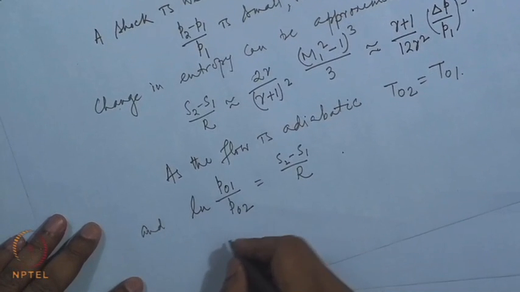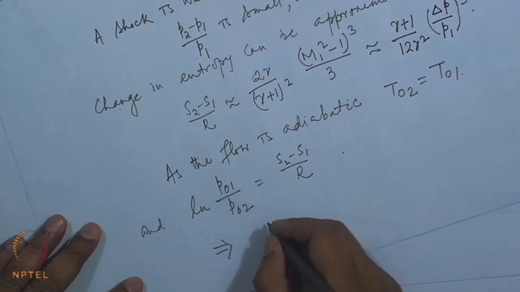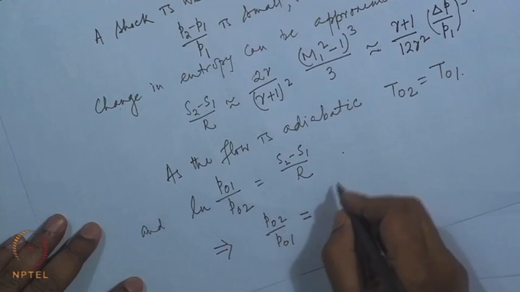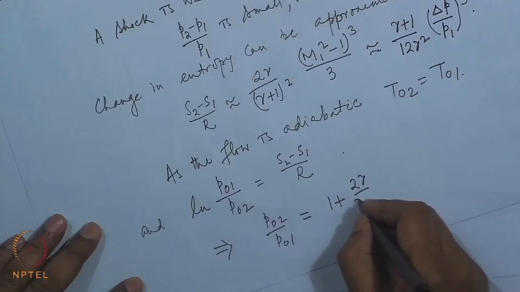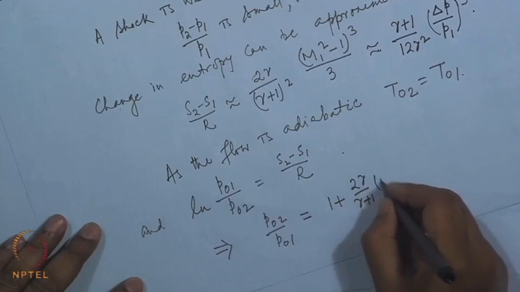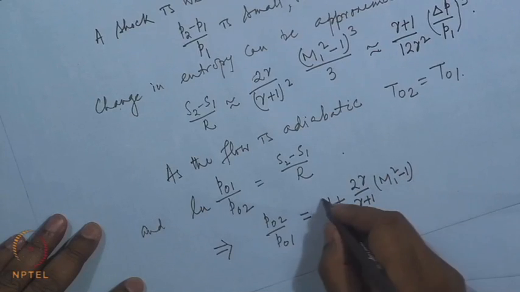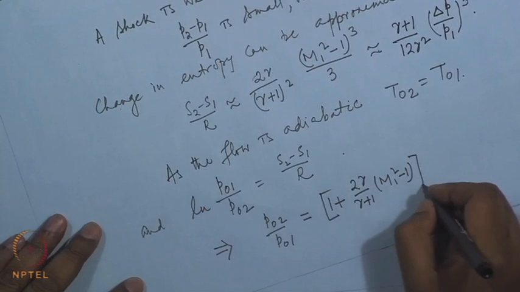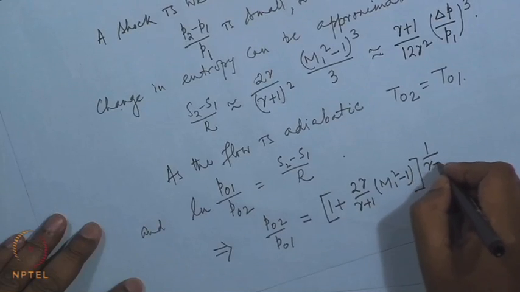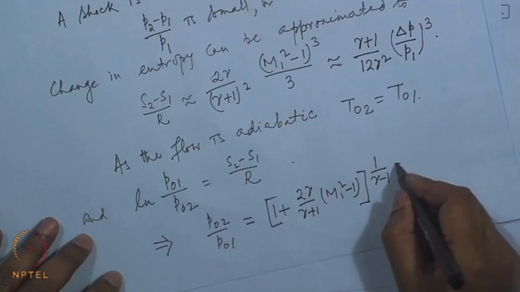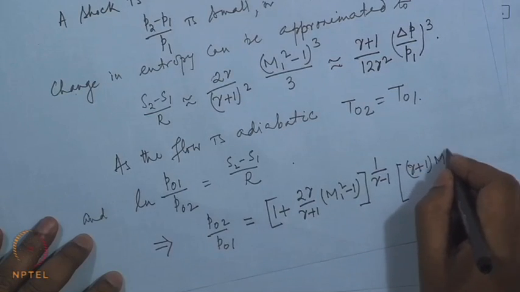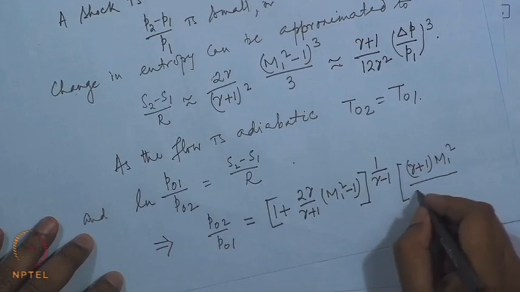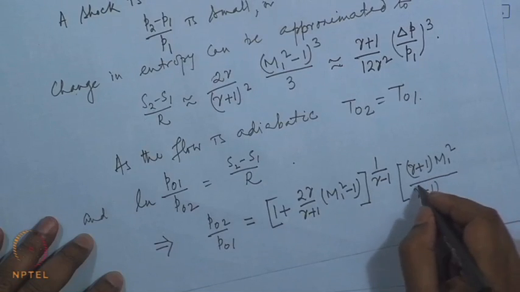which can be written as P02 by P01 equal to 1 plus 2 gamma by gamma plus 1 M1 square minus 1, to the power 1 by gamma minus 1, into gamma plus 1 M1 square by gamma minus 1.